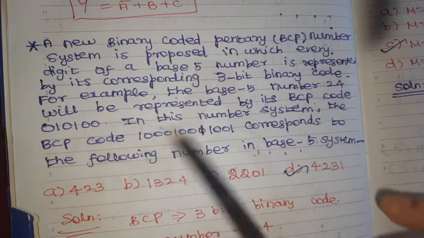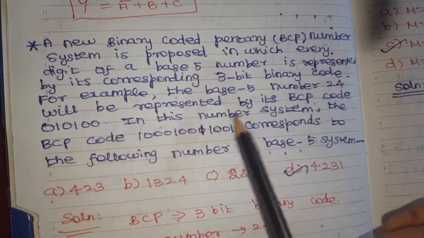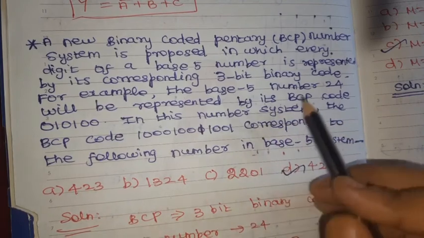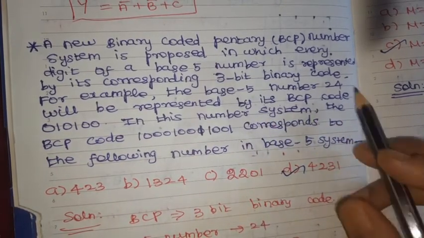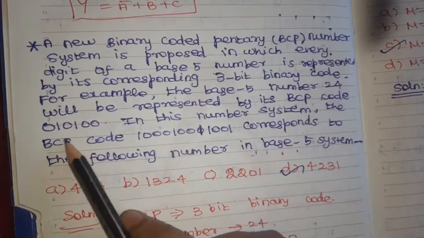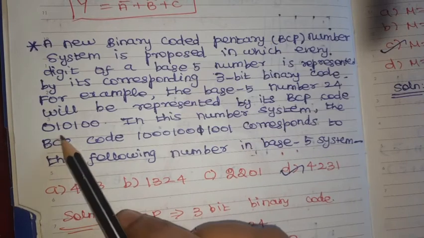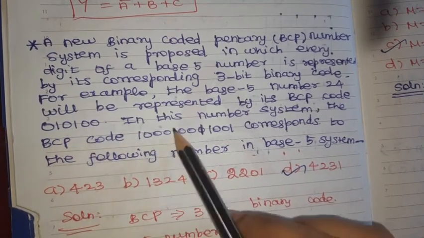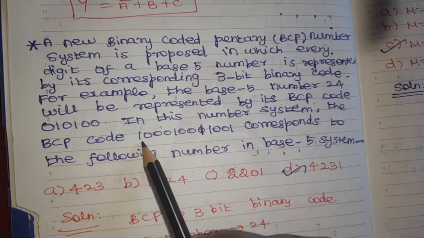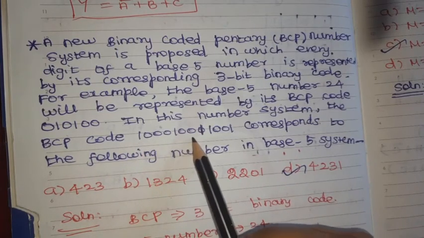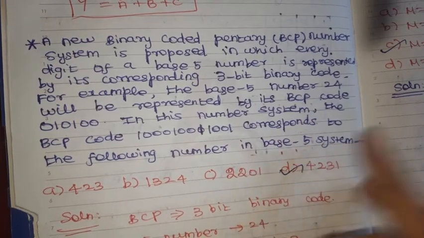For example, the base 5 number 24 will be represented by its BCP code 010100. In this number system, the BCP code 100010011001 corresponds to the following number in base 5 system.